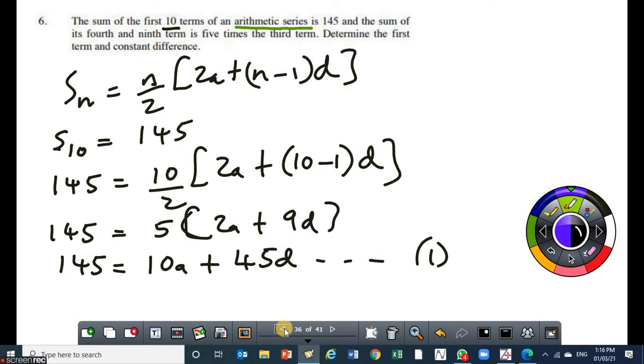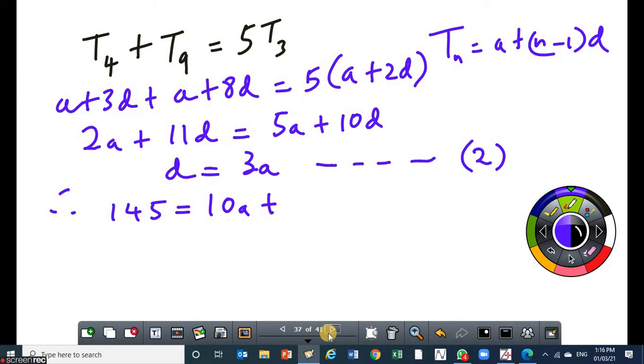Are you following? I converted this equation from the T form to a and d using the general term. Like T4 means where there is n, you put 4. 4 minus 1 gives you 3 times d, so you get a plus 3d.